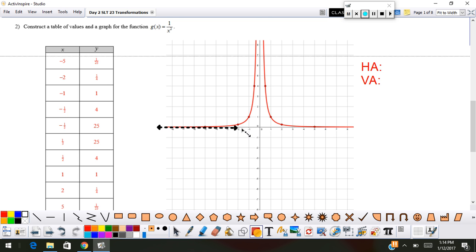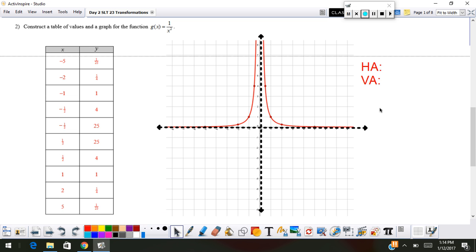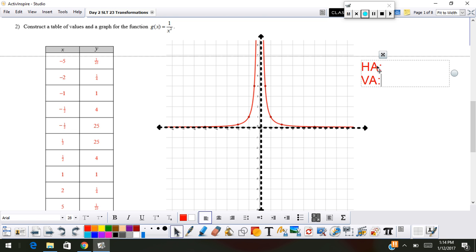We have a horizontal asymptote at y equals 0, and again we have a vertical asymptote at x equals 0. I'm going to add that in. Horizontal asymptote of y equals 0 and a vertical asymptote of x equals 0.